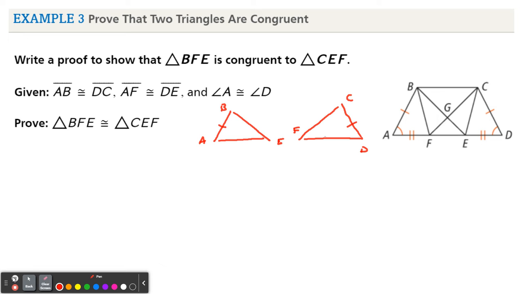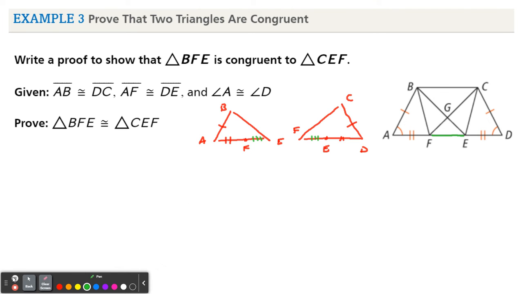Now watch this. On each of these sides, AF is right here, and AF is congruent to DE, which is right here. But very similar to the last problem we did, I also know that FE is congruent to EF because that's the overlapping part on that side.